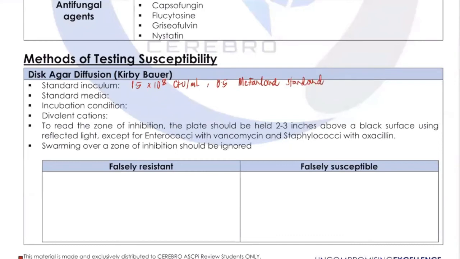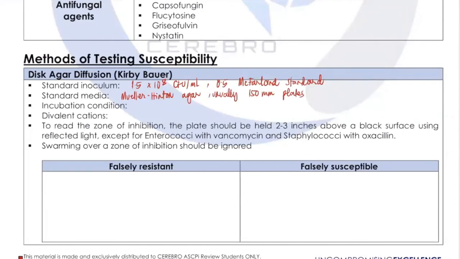Okay, then the standard media is, of course, the Mueller-Hinton agar. Okay? Usually 150 mm plates yung ginagamit natin, but we know na meron tayong 100 mm plates na nag-e-exist.